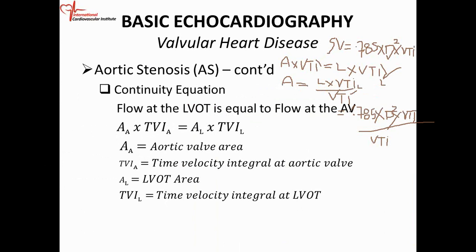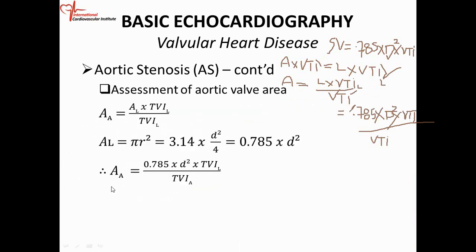Rearranging your equation, the aortic valve area is equal to the flow across the LVOT divided by the VTI across the aortic valve. So this is supposed to be A.